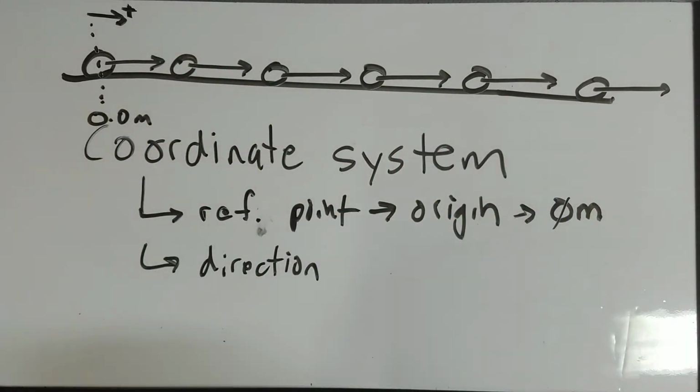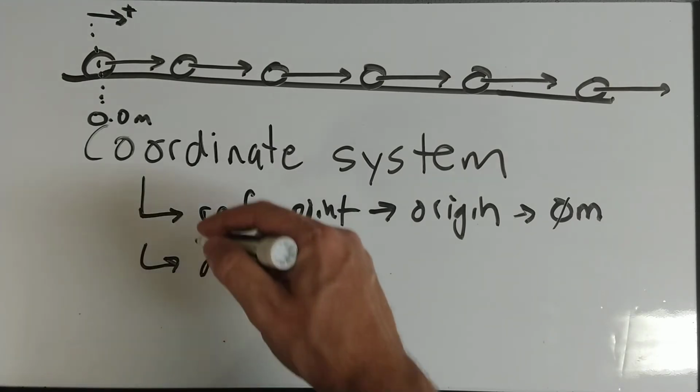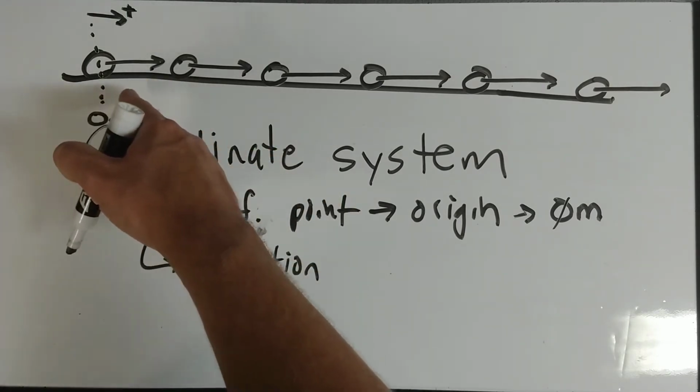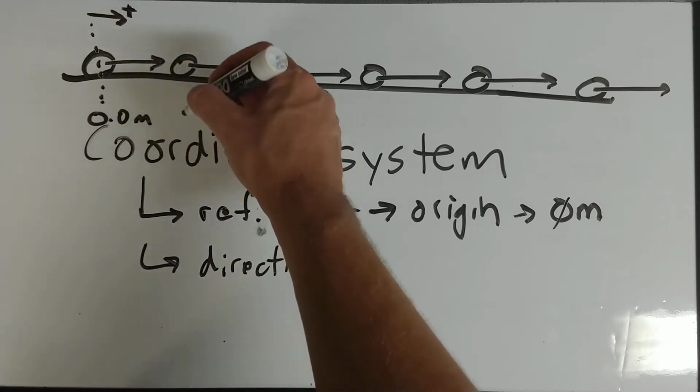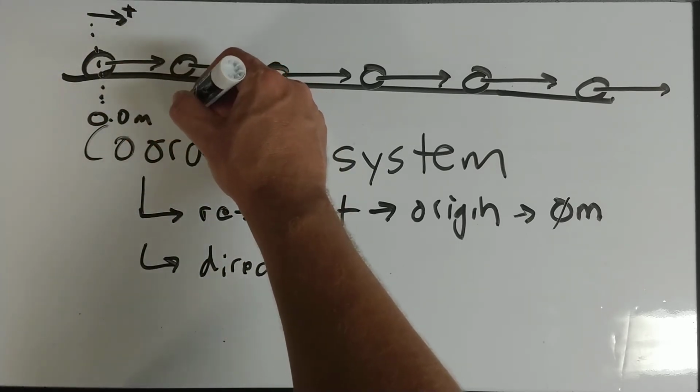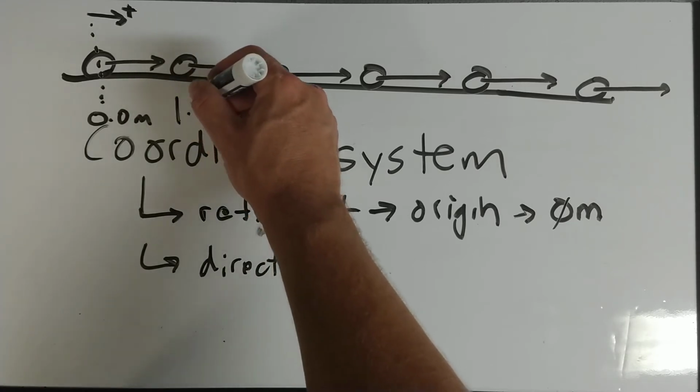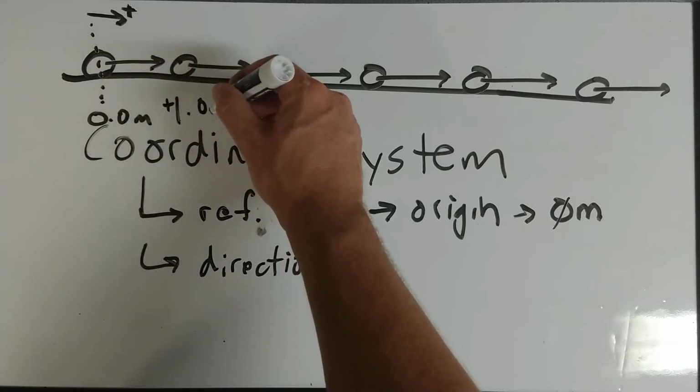That's the positive direction. And that's the 0 meters. So if something moves from the origin, let's say 1 meter, right? Let's say it's moved 1 meter. Its location after it moves is positive 1.0 meters.